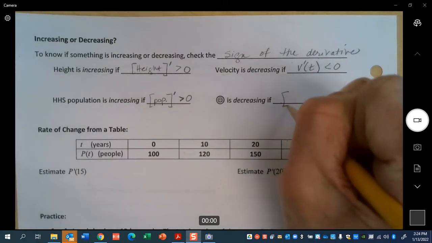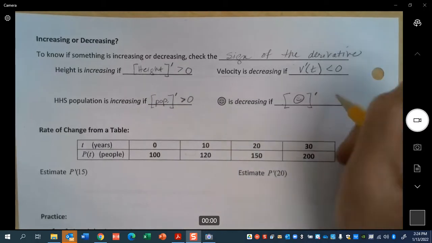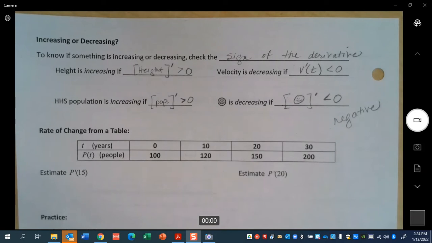Anything that you find, and we can call it a happy face, taking the derivative, if it gives you a negative value, it's decreasing. So we need to make sure that we're understanding that that derivative is that rate of change.